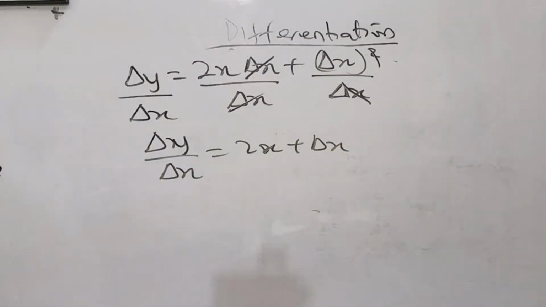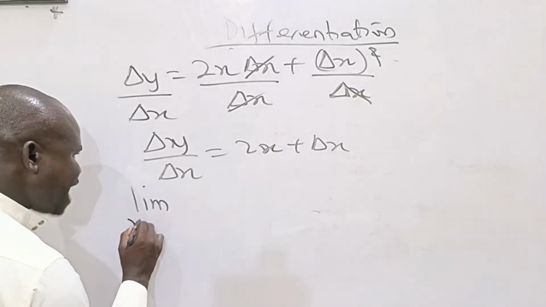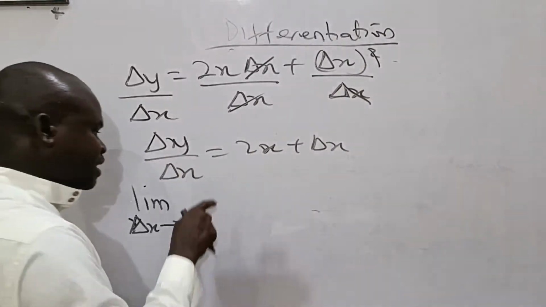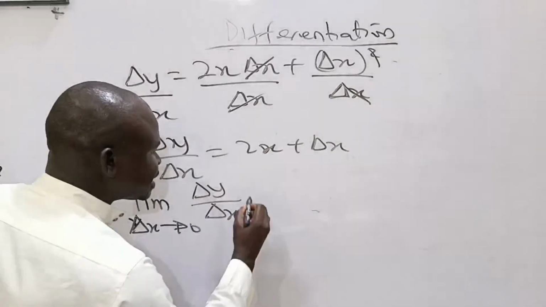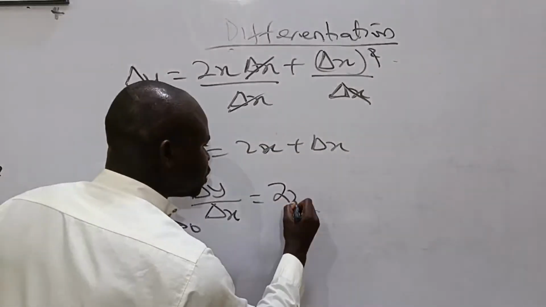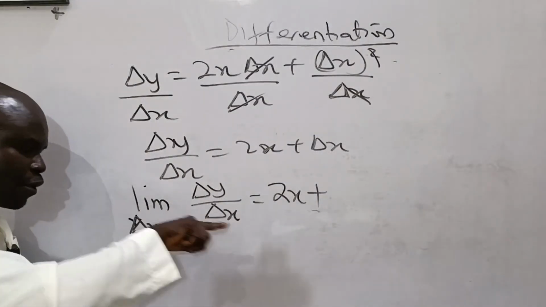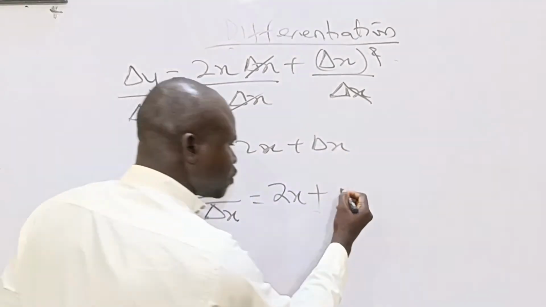Then what is dy dx? Dy dx in the real sense simply means, we've talked about limit function, what we are going to do here is that we now take the limit as delta x tends to 0. That is, as delta x approaches 0, what we have here is 2x plus delta x, and as delta x moves closer and closer to 0, we change delta x to 0.